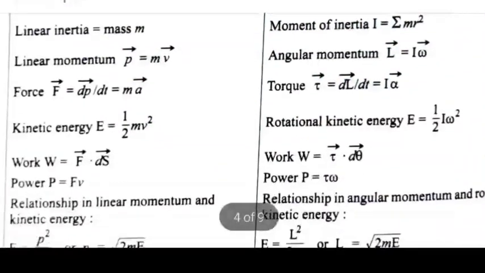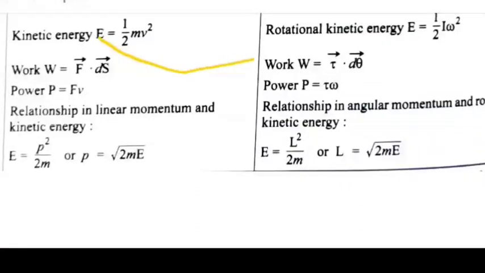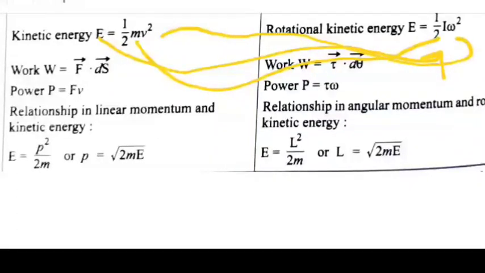And kinetic energy in translatory motion is comparable to the rotational kinetic energy half I omega square, where remember that mass was replaced by I and v was replaced by omega. So no need to learn all these formulae of rotatory motion.